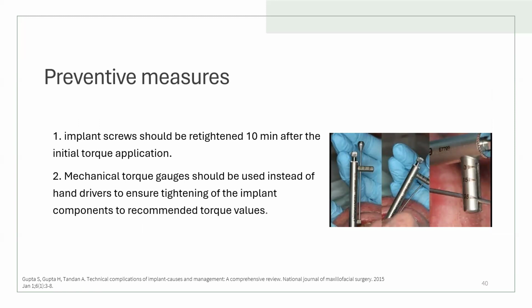First, the implant screw should be retightened 10 minutes after the initial torque application, and then we should do the torque with mechanical torque gauges, not with hand torquing only. So we make sure that the screw is tightened to the recommended torque values. Hand torquing is not enough.